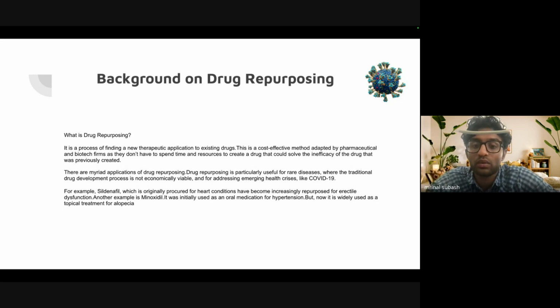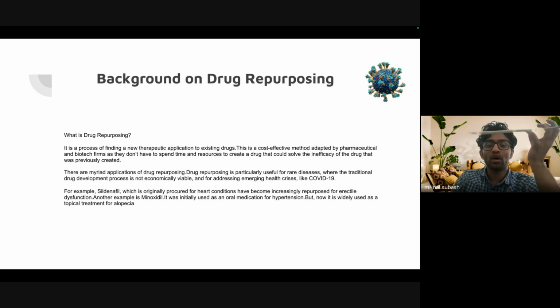But little did we know, the interesting fact about minoxidil was that in the late 1950s and 1960s, chemists used it for reducing hypertension in humans. So all of these are examples of successful drug repurposing.